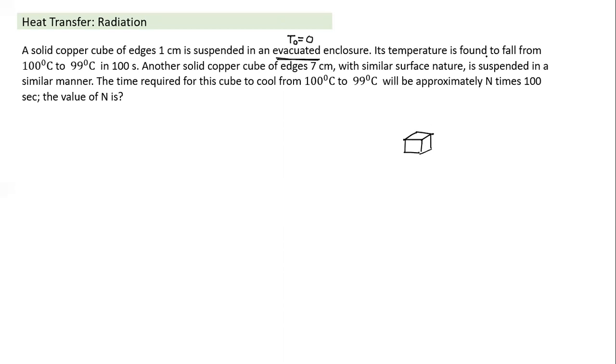Its temperature is found to fall from 100 degrees centigrade to 99 degrees centigrade in 100 seconds. So the rate of cooling is 1 degree per 100 seconds, or 0.01 degree per second.